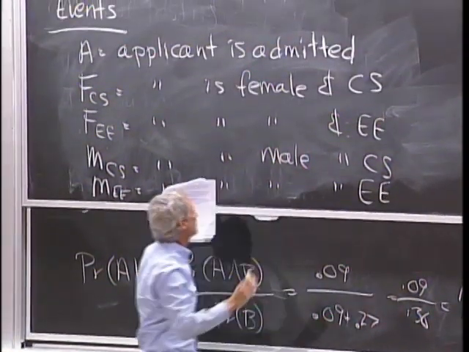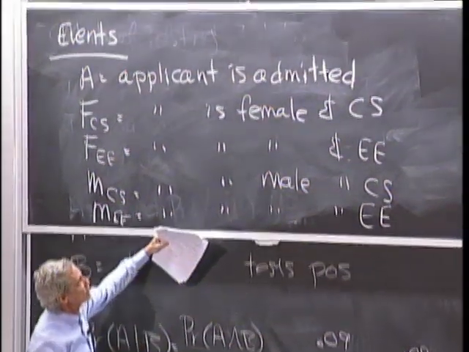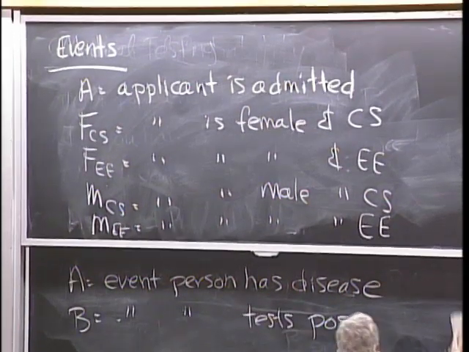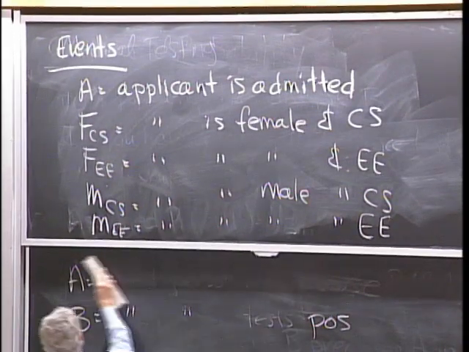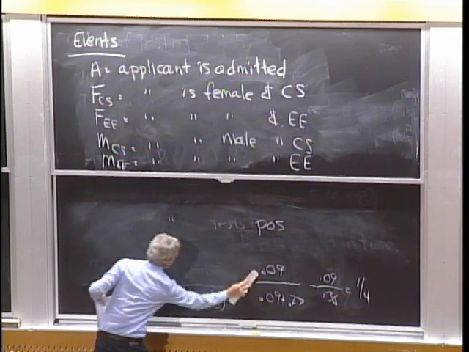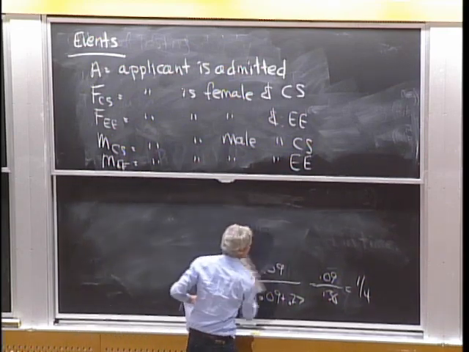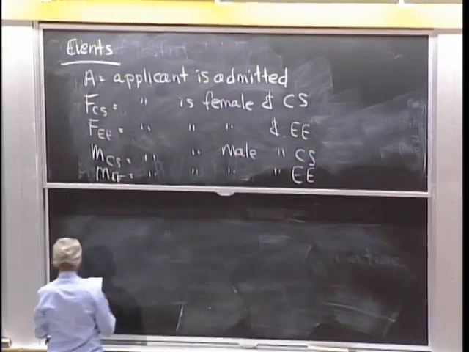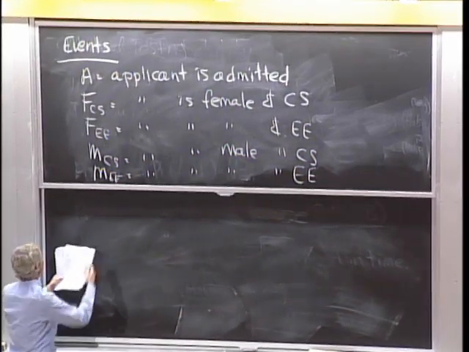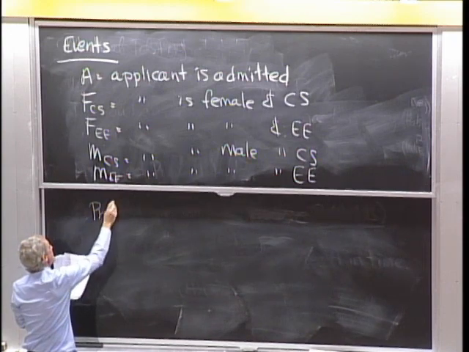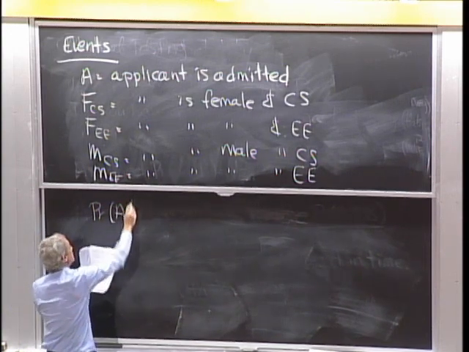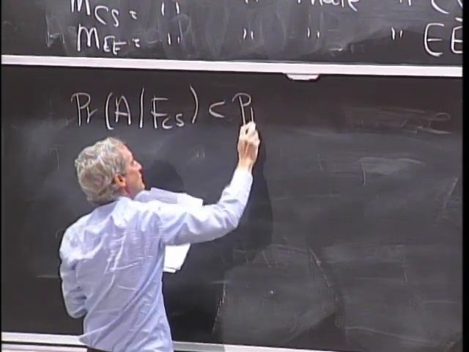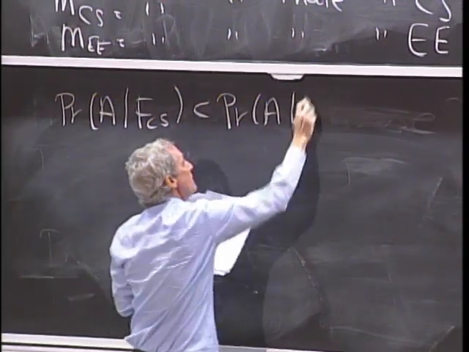So we're just going to look at 2 departments here and try to figure out if it can happen that in both departments the women are worse off, but if you take the union, they're better off. So the female professor's argument effectively is the probability of being admitted, given that you're a female in CS, is less than the probability of being admitted, given that you're a male in CS.